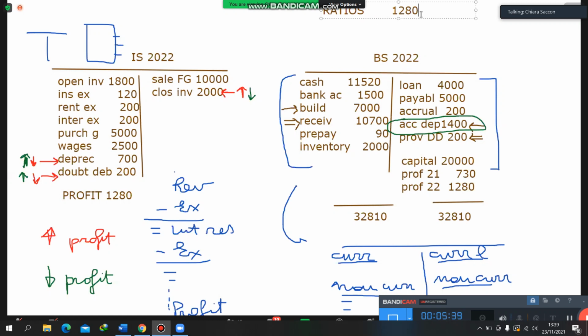And so the capital by the owner was 20,000, okay? So the ratio would be like this. 20,000. Okay, and this ratio is called ROE, so return on equity.